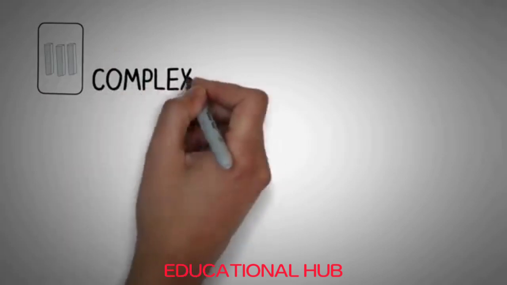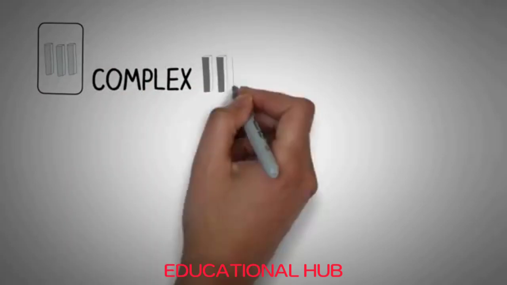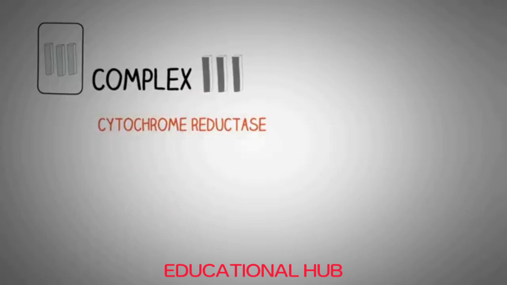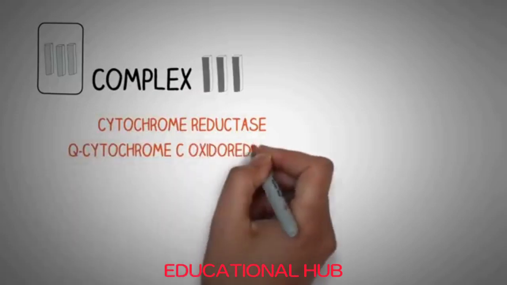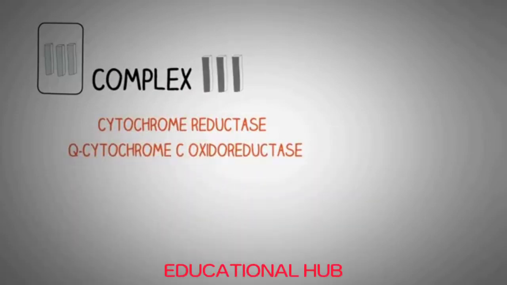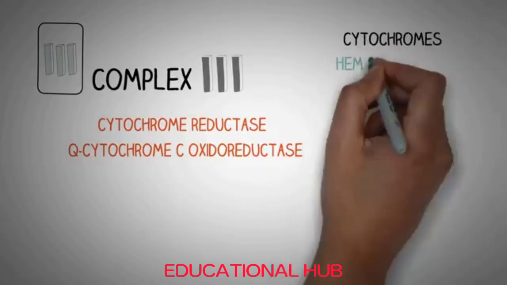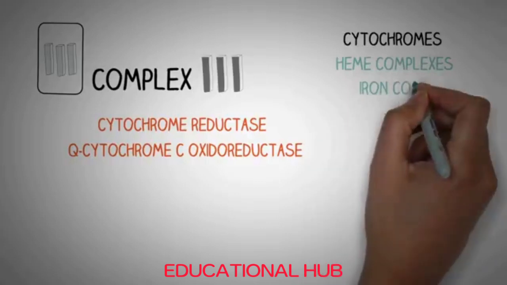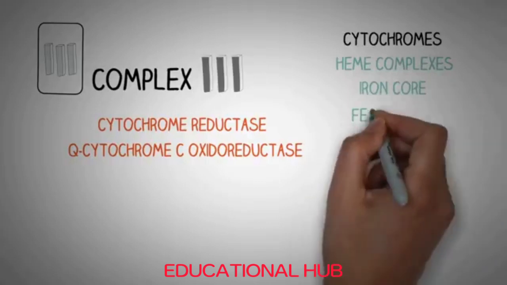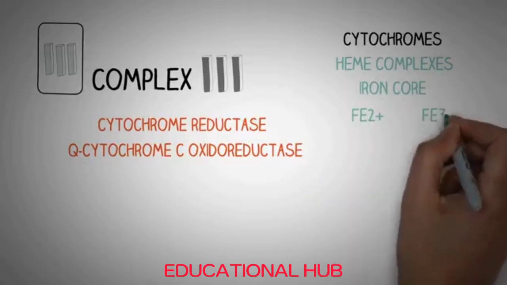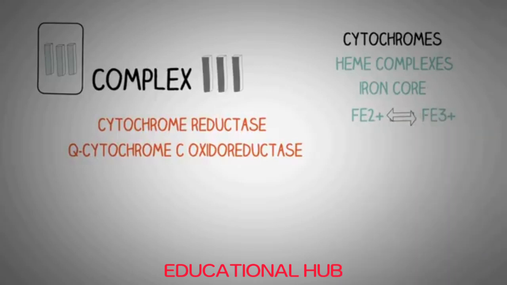The complex 3 of the electron transport chain is called the cytochrome reductase. It is also known as the Q-cytochrome C oxidoreductase. Now, cytochromes are a group of proteins which have heme as their complexes or prosthetic groups. They also have an iron core, in which the iron can exist in an oxidized or reduced form depending on the electrons it has.